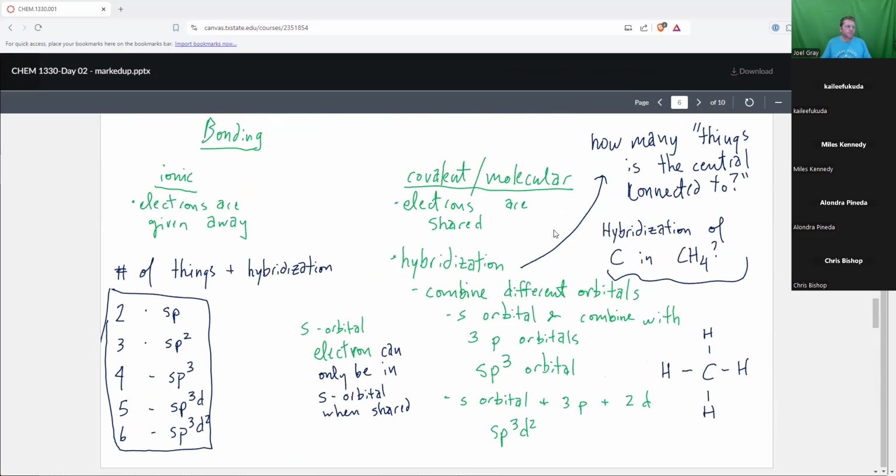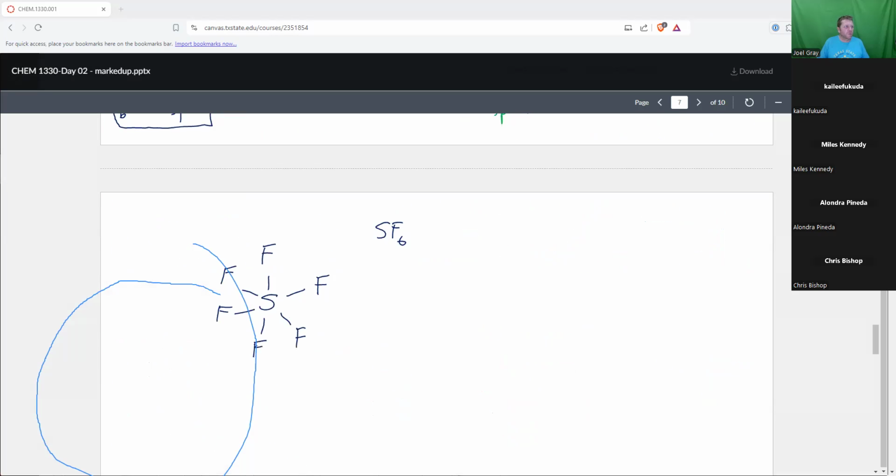Next up is hybrid orbitals, and basically a question of where an electron is and where it can be shared. Now, I think the most important thing when it comes to orbital hybridization is really this right here. We have sp3d2, sp3, really what you want to do anytime I show you a molecule is look at it and say, all right, I'm being asked about what is the hybridization of this sulfur.